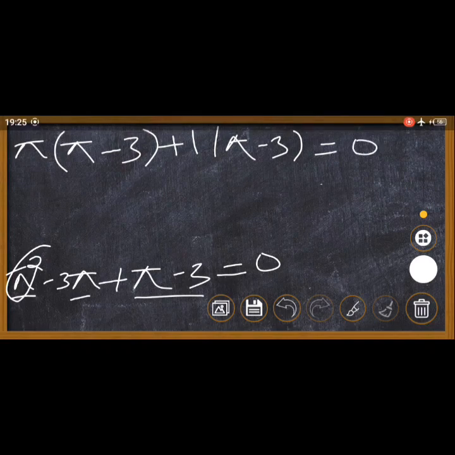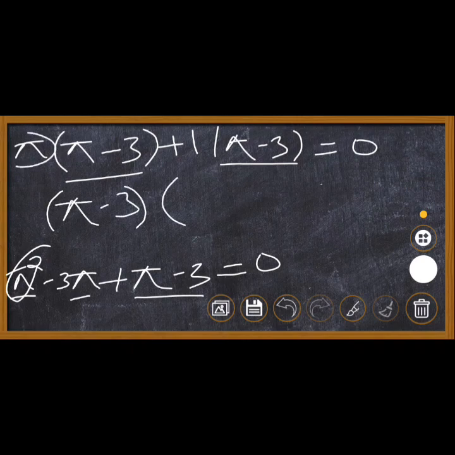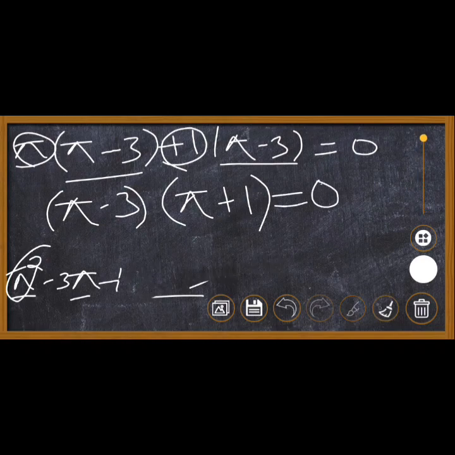So if you check, this and that have the same common factors. So we are going to write one of the two. And then we write the values that are outside the brackets. So that is pi plus 1 equal to 0.